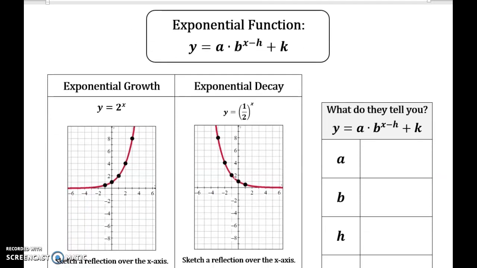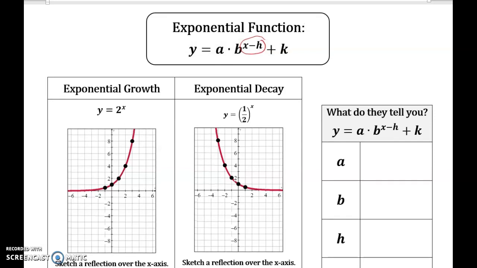Here we go. An exponential function, remember, is in the form y equals a times b to the x minus h, plus k. We always know we have an exponential function when x is in the exponent. h and k are still going to be what they've been, and we'll talk about a and b in a second.